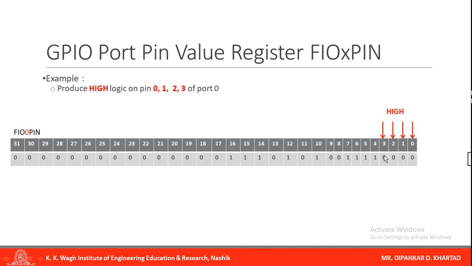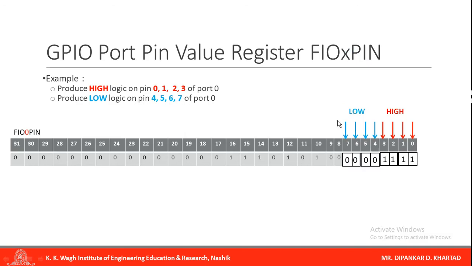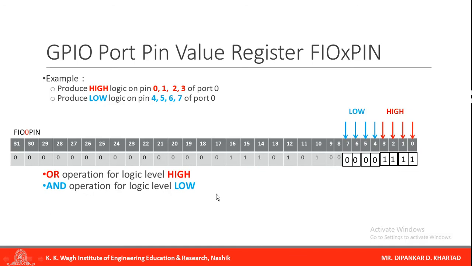You have to use OR operation. And second, produce low logic on pins 4, 5, 6, 7. Logic level low. So for this you have to use which operation? AND operation. Okay.